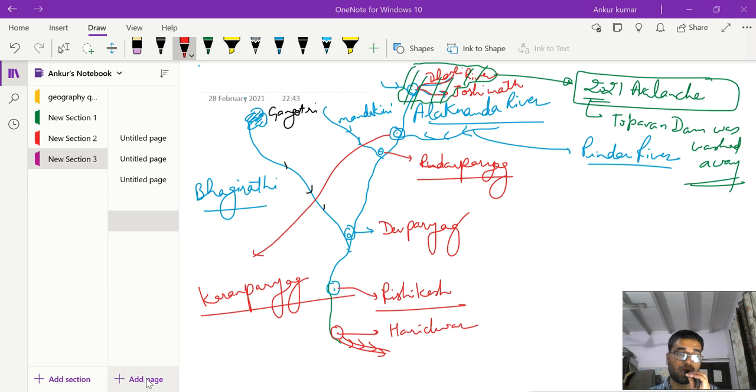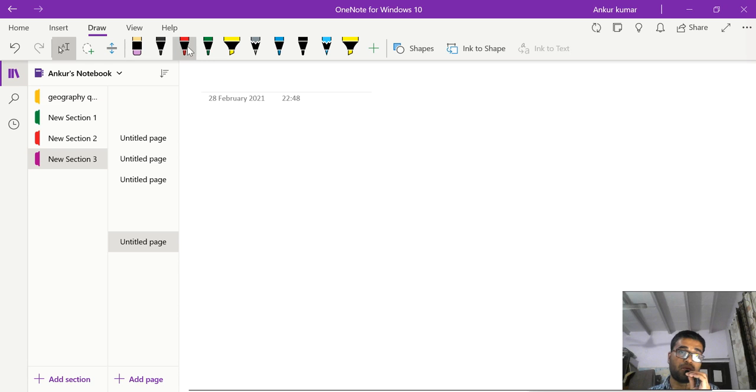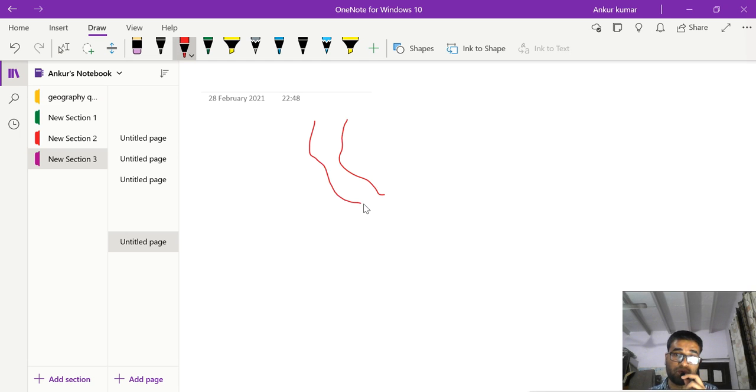Now after Haridwar, we are moving on to the next segment. When the Ganga enters the plains, we know that this is the river Ganga, and the right bank tributary of river Ganga is Yamuna. So Yamuna is the longest tributary of Ganga.